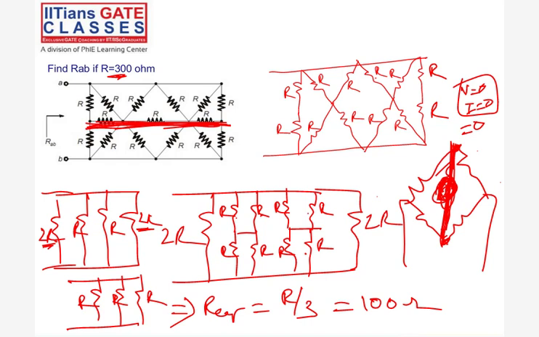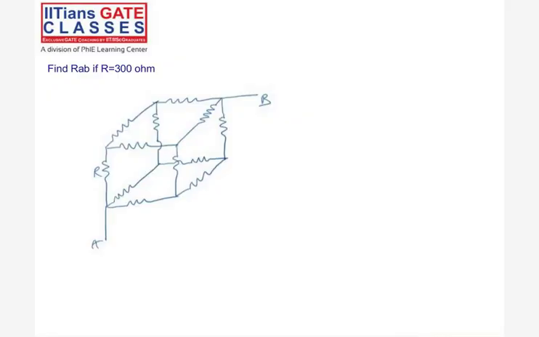Okay, so this is a resistor cube. You need to find the resistance for the diagonally opposite corners.